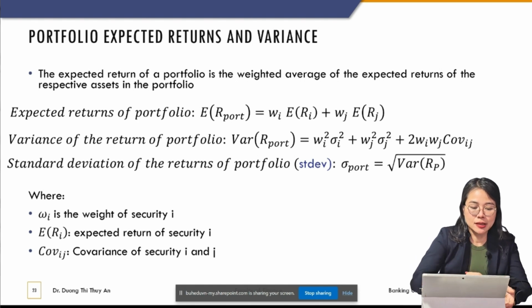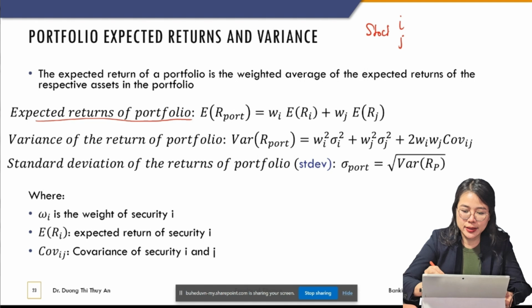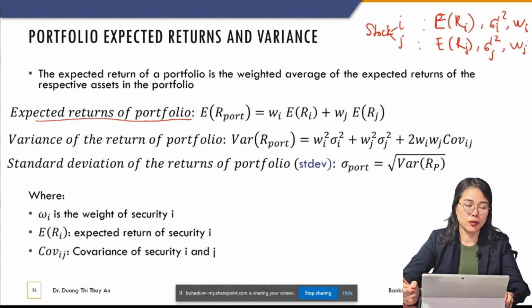Okay, look at this. The expected return of a portfolio. Suppose that our portfolio only has stock I and stock J. Stock I has expected return R_I and stock J has expected return R_J, and they also have the variance of stock I and the variance of stock J. And the weight, the portion of stock I in our portfolio and the portion of stock J in our portfolio.